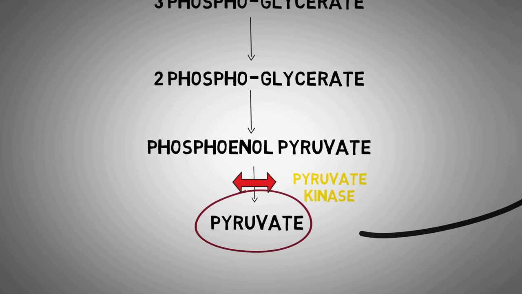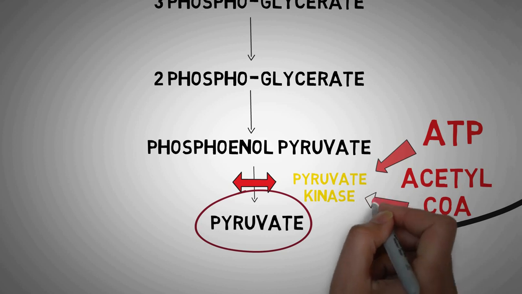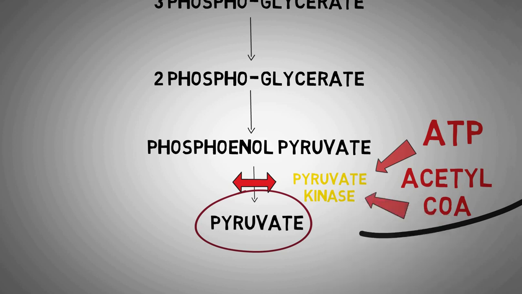So the regulation at this step is very simple. You just have to remember that if the products of this pathway, ATP and acetyl-CoA, accumulate in excessive concentration in the cell, this inhibits the pathway of glycolysis at this step. This is also just a normal negative feedback mechanism that operates in many pathways in our body.